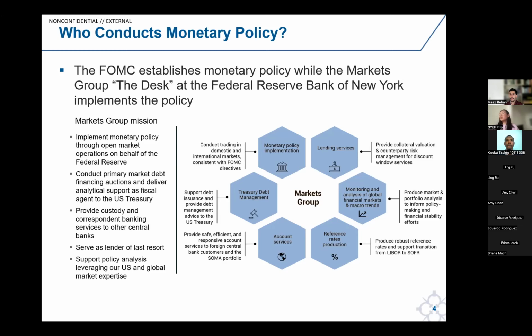Now, the policy is implemented by trading securities in the domestic and international markets with private sector counterparties, which you hear referred to as open market operations. This can involve products like treasury securities, mortgage-backed securities, foreign exchange, etc.